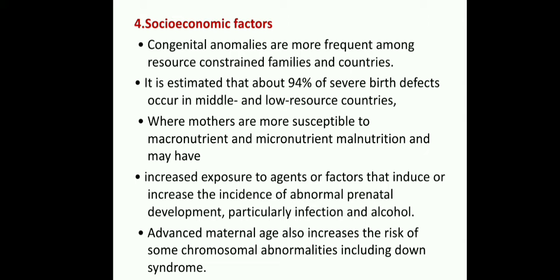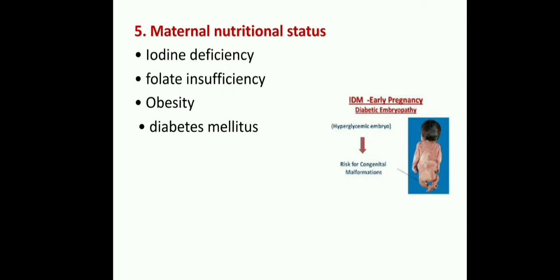And the next one is increased exposure to agents or factors that induce or increase the incidence of abnormal placental development, particularly infections and alcohol. When the mother is consuming alcohol or has some infections, that time also it may have an effect. And the next one is advanced maternal age, which also increases the risk of some chromosomal abnormalities including Down syndrome. Advanced age means above 30 years; those mothers may deliver Down syndrome babies. Okay, that is about socio-economic factors.